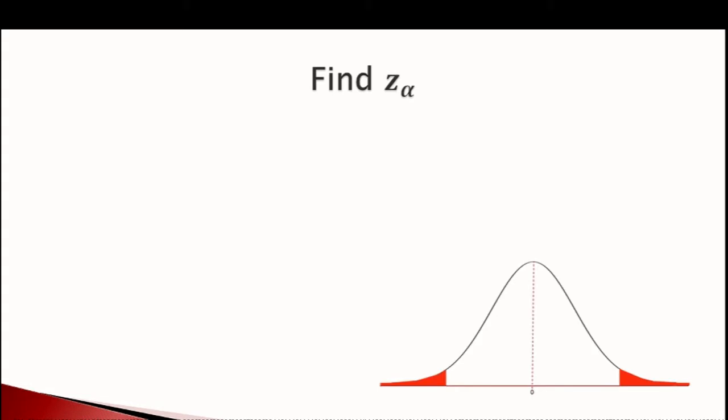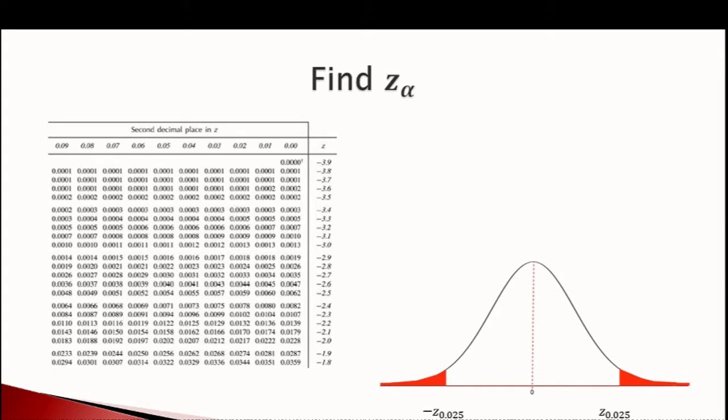So find another z sub alpha. In this problem, I want to find z sub alpha in both of the tails. Okay, so I want to find z sub 0.025 and negative z sub 0.025. So one thing at a time. In the last example, you saw that z sub 0.025 gives you the red area to the right equal to 0.025.